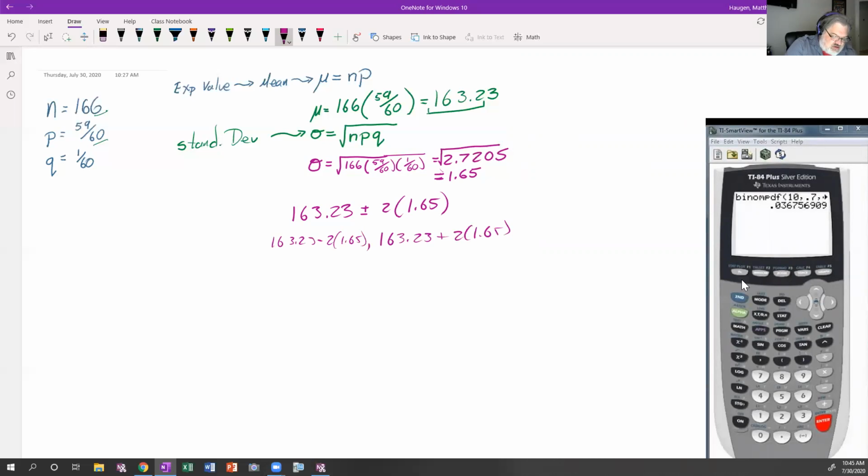And that interval is going to be our usual range. And we're, again, asked to round that. So what is 163.23 minus 2 times 1.65? 159.93.